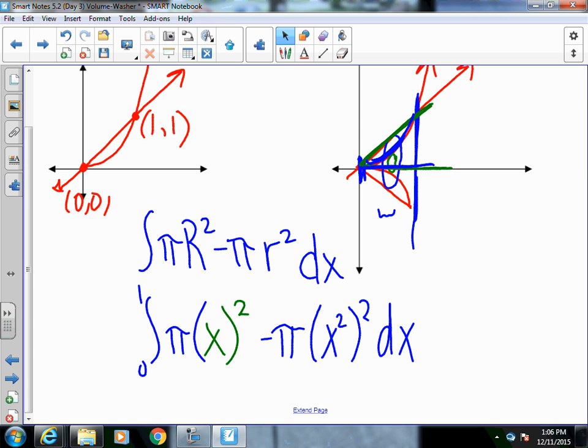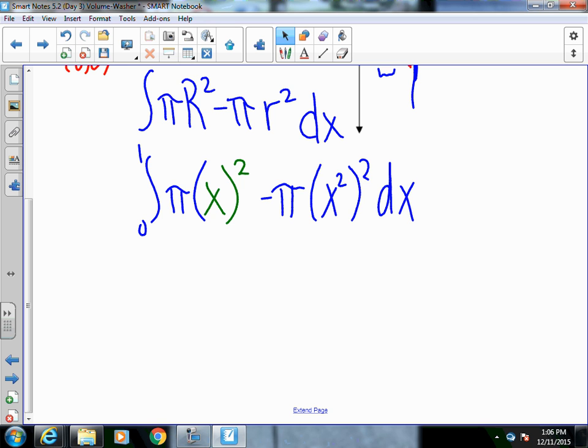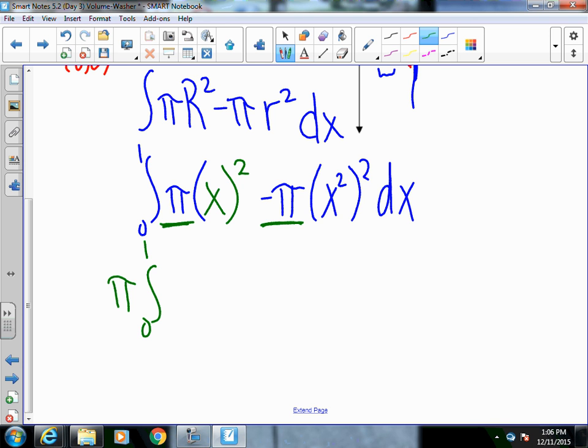Now, all we have to do is calculate this. I'll simplify a little bit first. We've got the integral from 0 to 1. Pull our pi out front. X squared minus x to the fourth dx. So I've got my pi.